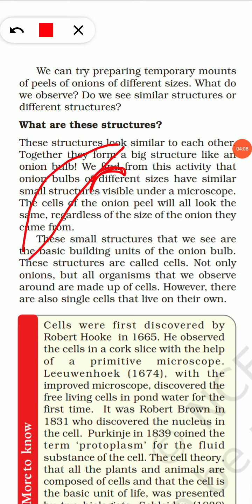Inside you will find a small, thin, transparent layer. You take that layer off, take a watch glass, put the layer in it and add a few drops of water so that it does not dry off completely.